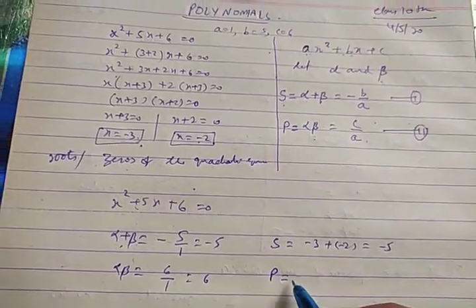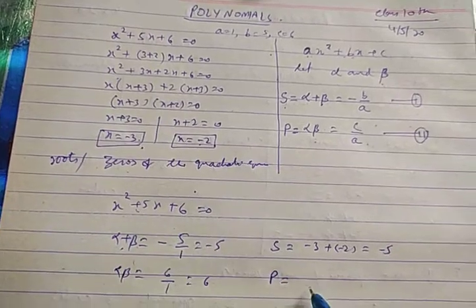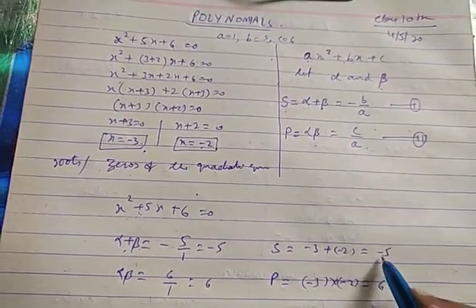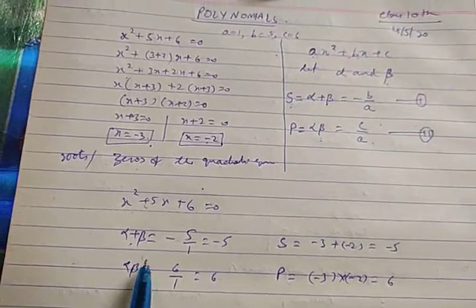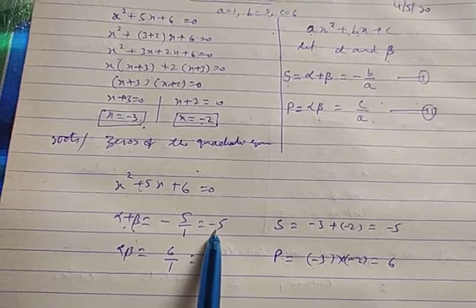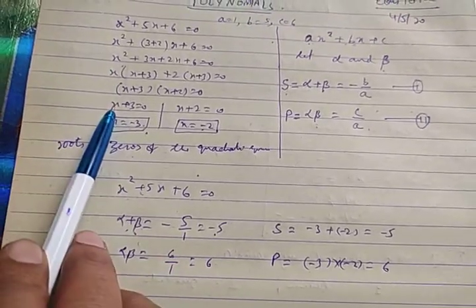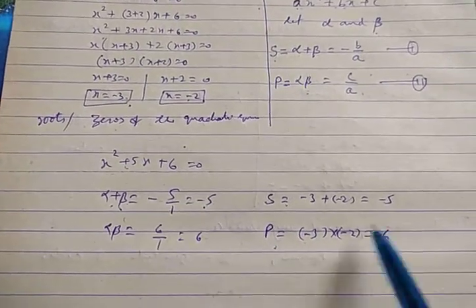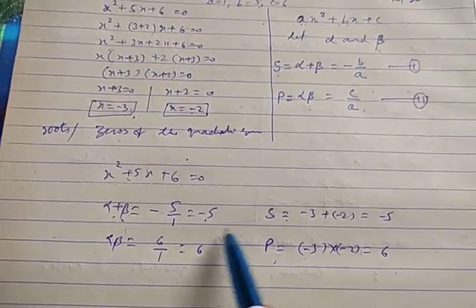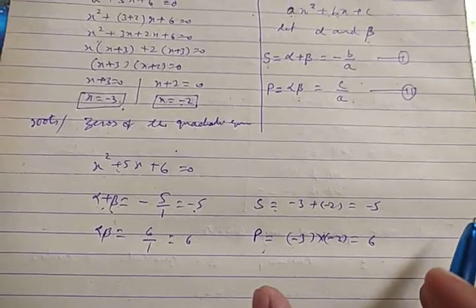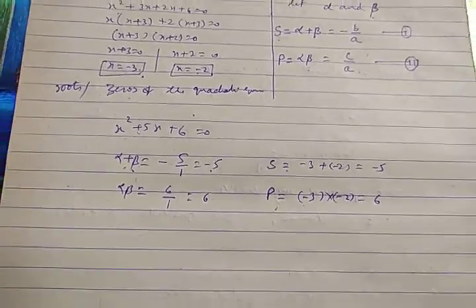Similarly, product means multiplication of the two, that is minus 3 into minus 2, that is equal to 6. Whatever value you get by the formula, and by solving the equation in the proper manner and then obtaining sum and product, these two values should match. If they match, it means the verification has been done by you. This whole process you will have to do.